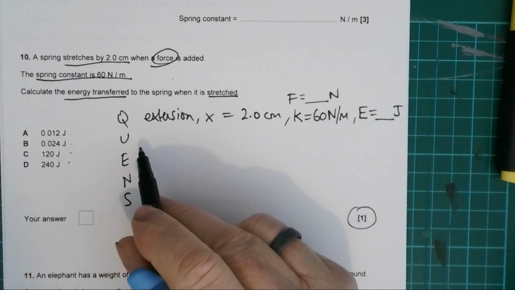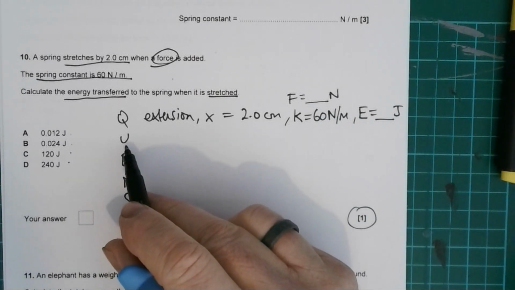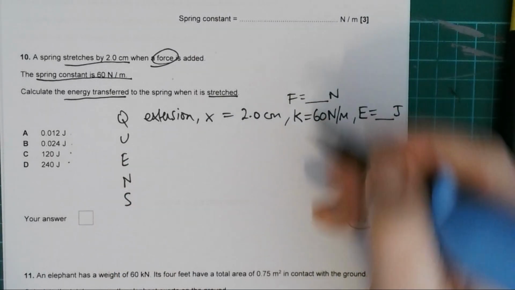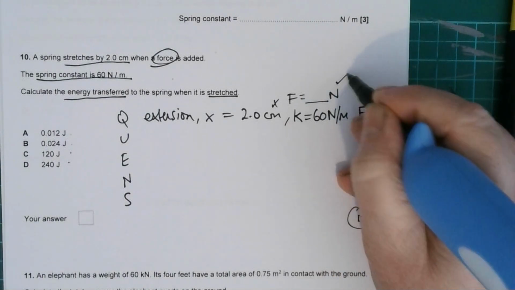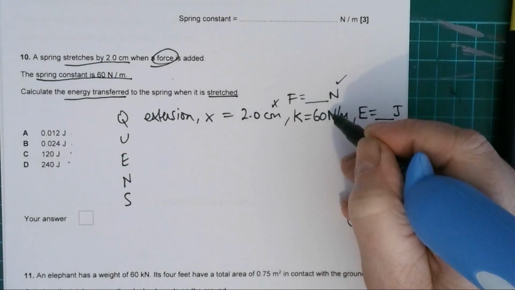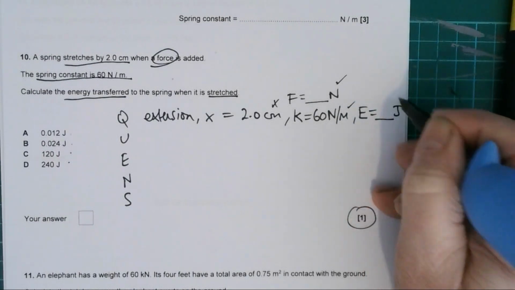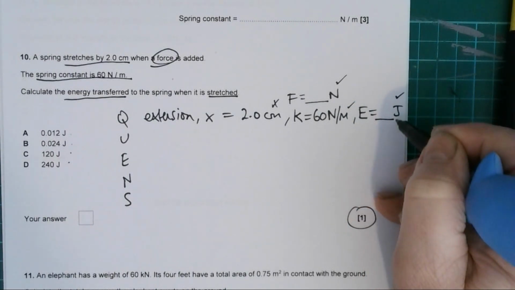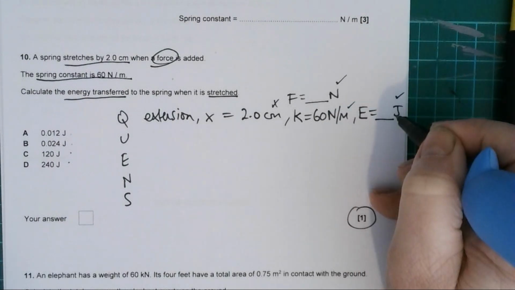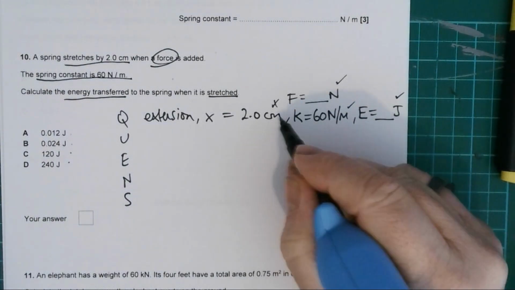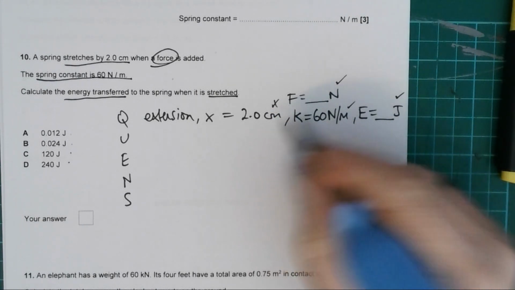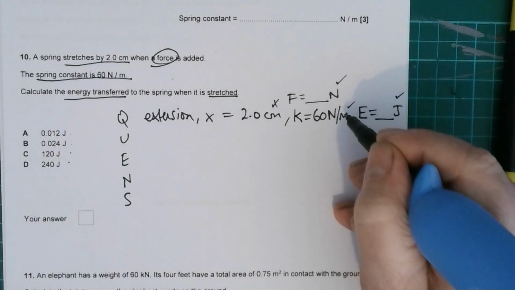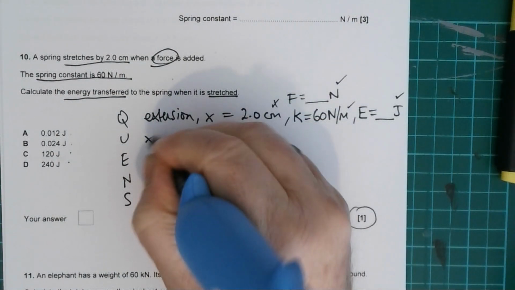Before I do anything else, I'm going to check my units. U for units. Centimeters, I don't like those. Newtons, fair enough. K is newtons per meter, that's good. Joules, that's fine. I have to have things in newtons and meters to be consistent. It's the centimeters that stand out to me. That needs to be in meters because we've got meters here. So I'm going to rewrite this.